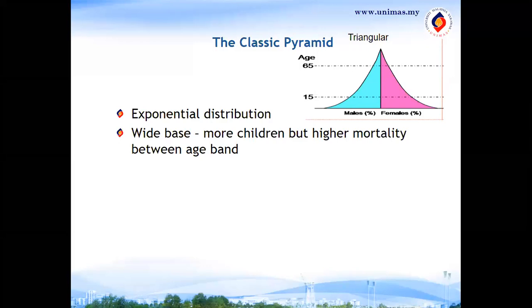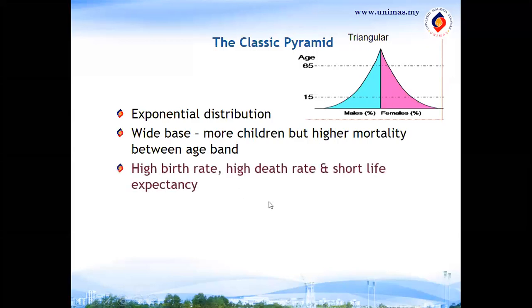Ya. So that's why it's shaped like a triangle instead of maintaining broader base macam ni kan. So high birth rate is a characteristic of this classic pyramid, and also high death rate.